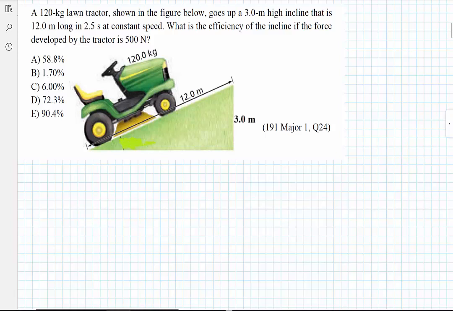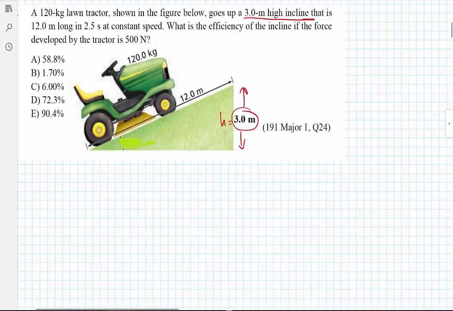In this problem, a 120 kilogram loaded tractor, as shown in the figure below, goes up a 3-meter high incline. So the height of this incline plane is 3 meter. That is 12-meter long, and the length of this incline is 12 meter.